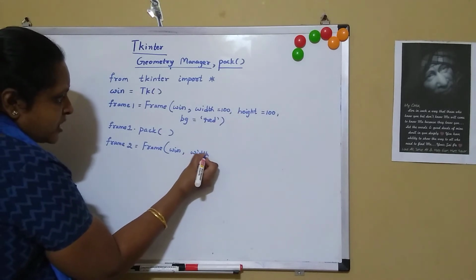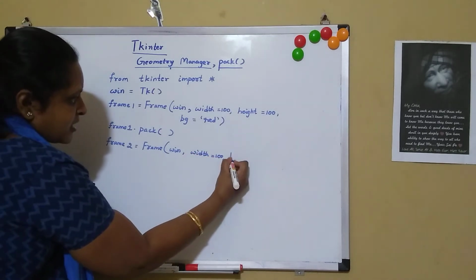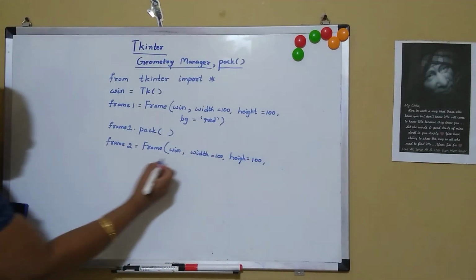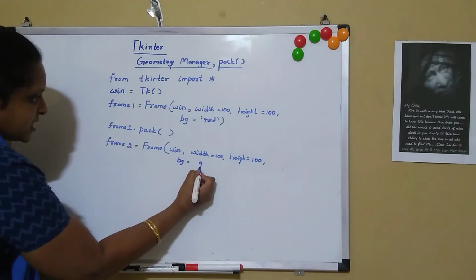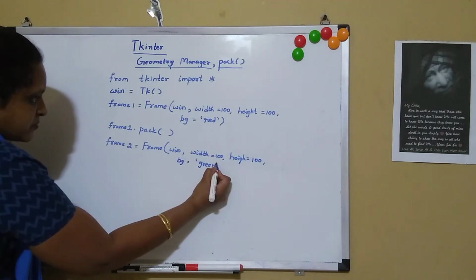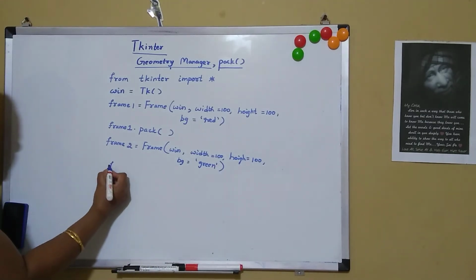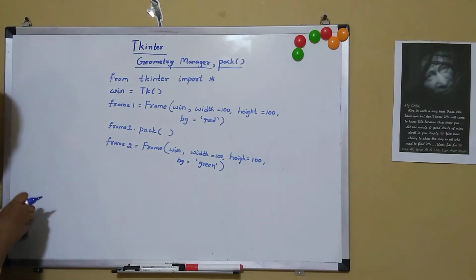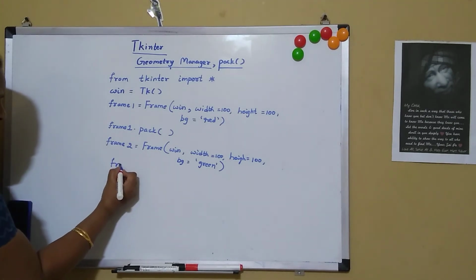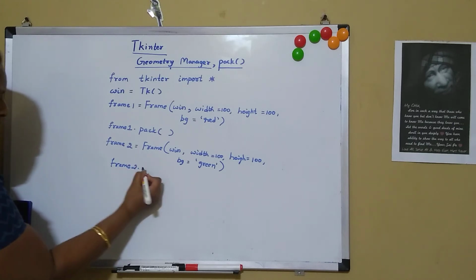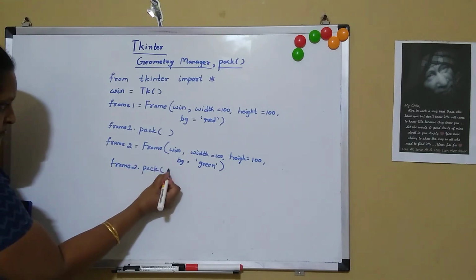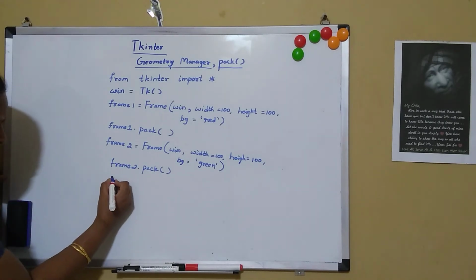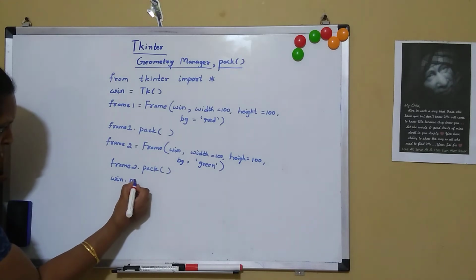Width equal to 100, height equal to 100, and background color is equal to green. And let me pack it now with frame 2 dot pack. And now let me call my main event loop, that is win dot mainloop.